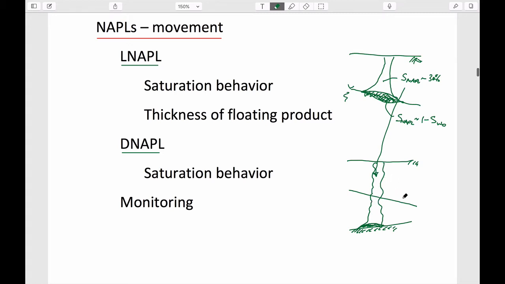It doesn't matter whether it's above the water table, which is this part here in the vadose zone, or below the water table. It would still have this NAPL as a chimney. If it's below the water table, we know that in this case, because the groundwater table is sloping towards the right, we would get flow in this direction, and this would be carried downstream as a plume, just as we talked before.